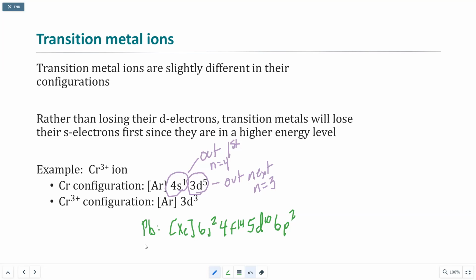If we ionize that lead to 2+, we're going to lose the electrons that are the easiest to take, the ones that are the highest in energy, the 6p2. That part makes some sense to us.